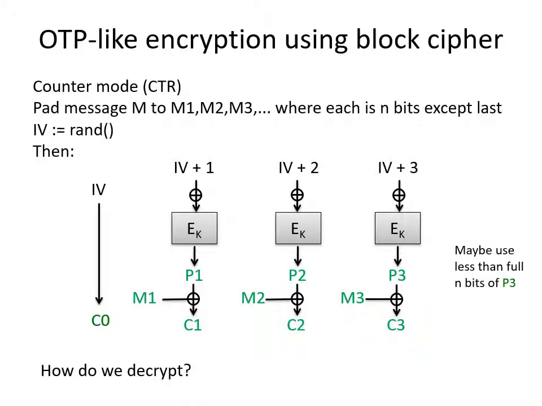Another mode we could do was like a one-time pad, and this is called counter mode, where when we do encryption, we're going to pick this random initial vector we call ciphertext 0 or C0. We then increment that, encrypt it, take the output of this encryption, which we call P1, and we XOR the message with P1.